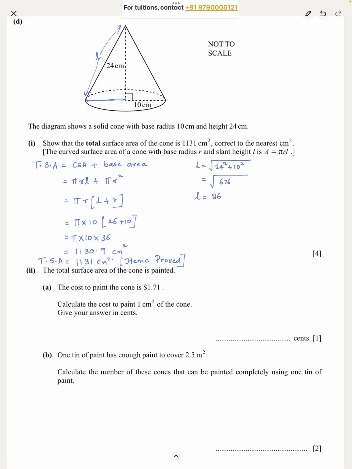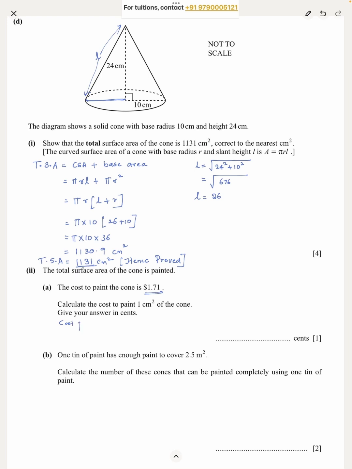And calculate the cost to paint 1 centimeter square of the cone. Give your answer in cents. Right. So this cost is for that entire 1131 centimeter square. So from that we have to take for 1 centimeter square.